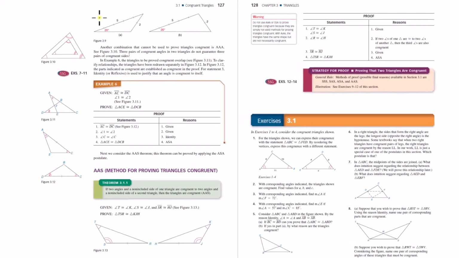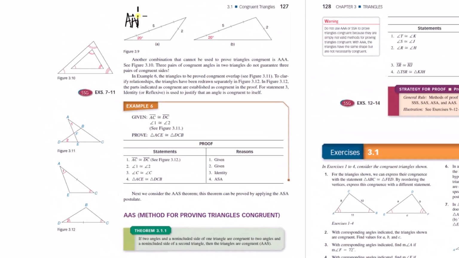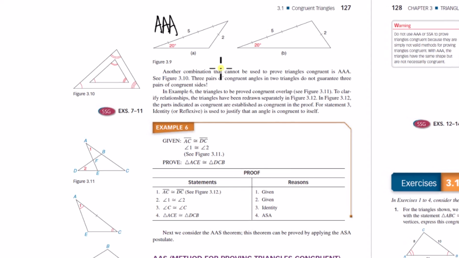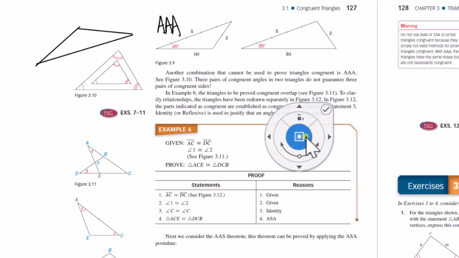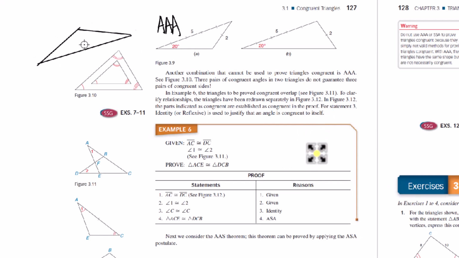Okay, now what about angle-angle-angle? If you verify that two triangles have all their angles with the same measure, is that enough to state congruence? Well, no, because think about it. I can take this triangle and scale it up or down.